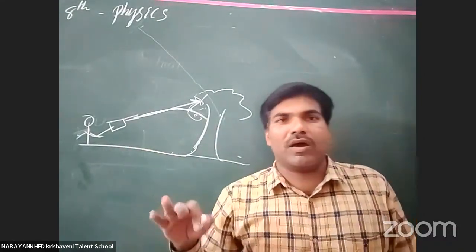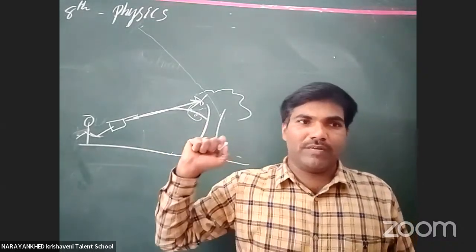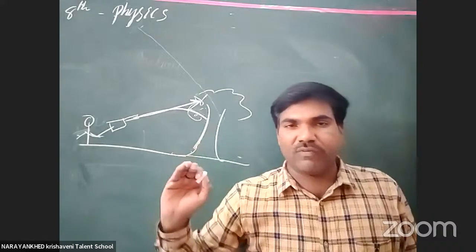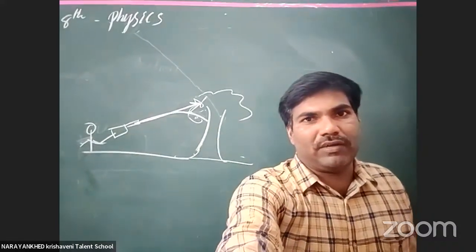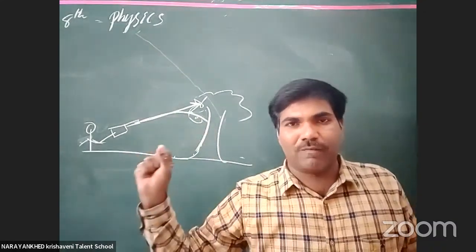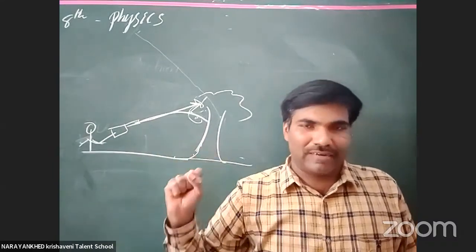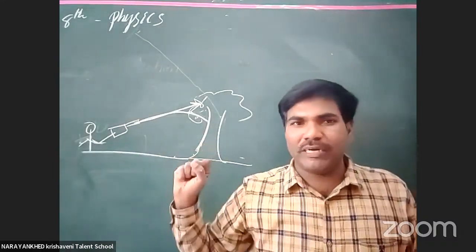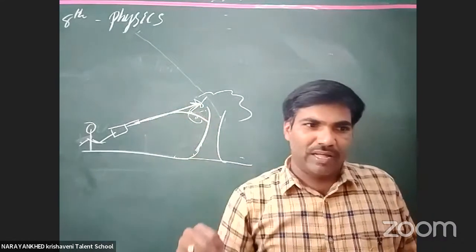Why it becomes a parabola, the expression for it is in the first year syllabus. For now, the path is a parabolic path. Why? At every moment, the straight line path is attracted towards the earth.